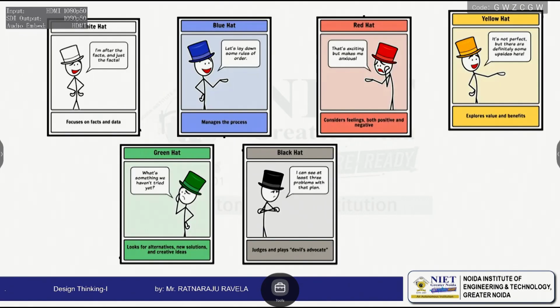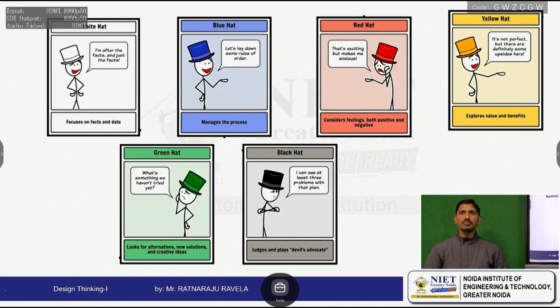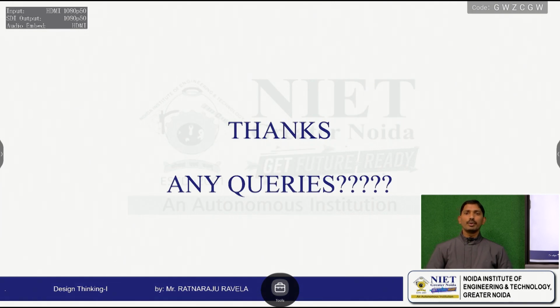Okay, so these are the different kinds of hats which will give a clear picture about the problem, or the solution, or what the implementation of that solution may result in. Okay, so this is about the six thinking hats. Before I conclude, again I am summarizing.